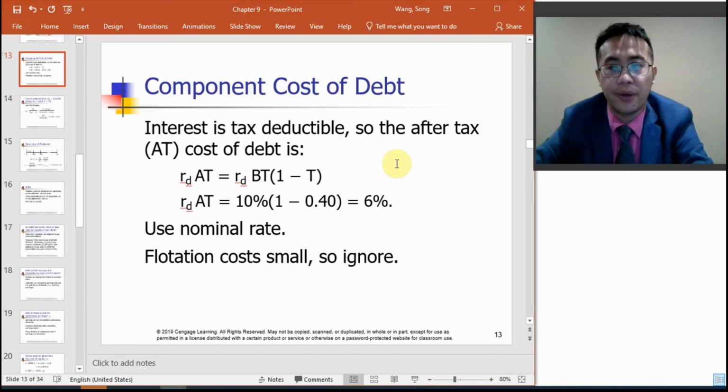All you need to remember is if a flotation cost ever appears in your questions, you just attach it to the current price of the security, no matter if it is for preferred stock, common stock, or corporate bond. Instead of getting the full market price, the firm is only getting 1 minus the flotation cost, the after-flotation-cost part of the price.